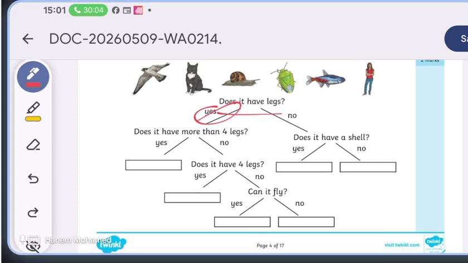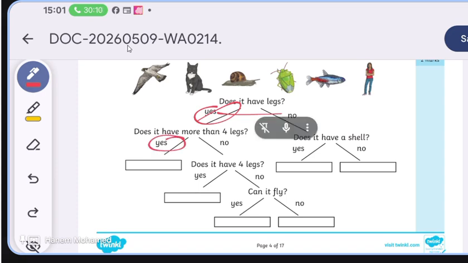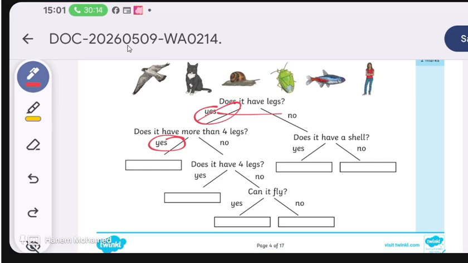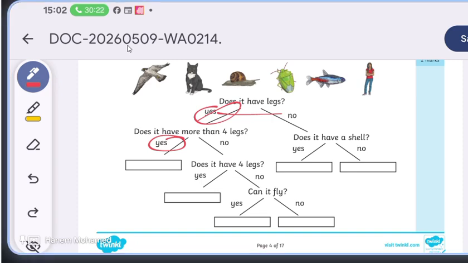Does it have more than 4 legs? If we said yes, which one do you think it has more than 4 legs? The green color, it's the insect, right? Yeah. Okay, insects.